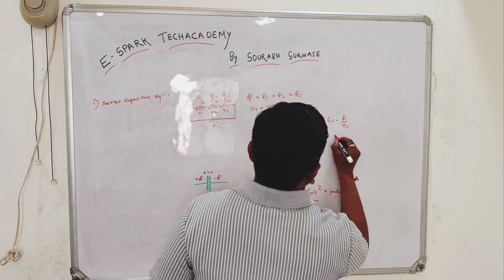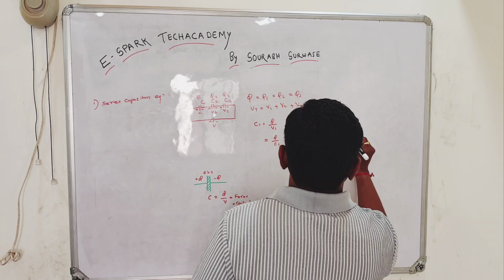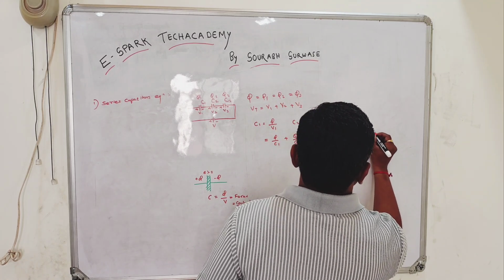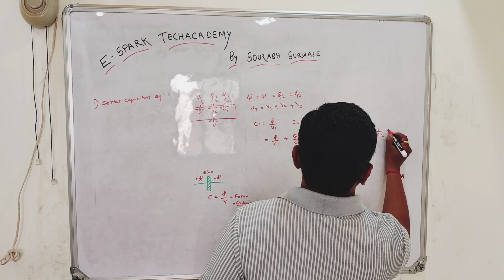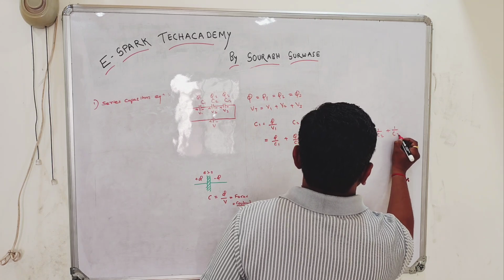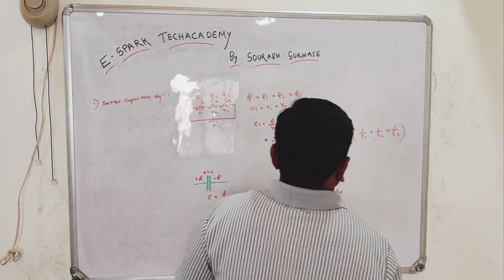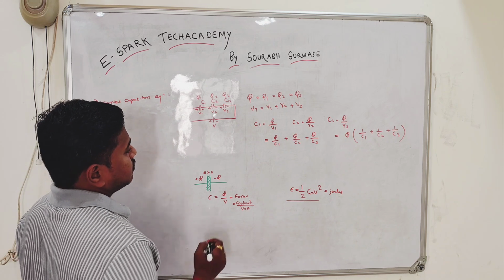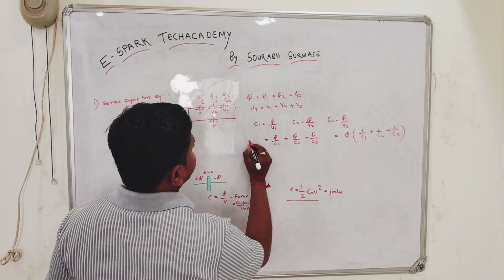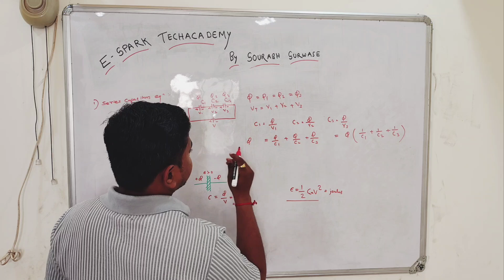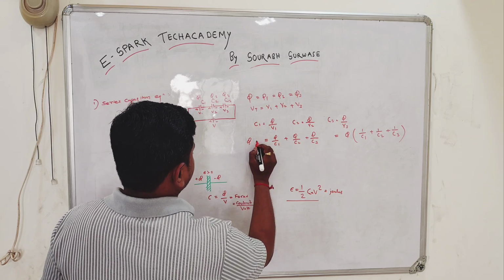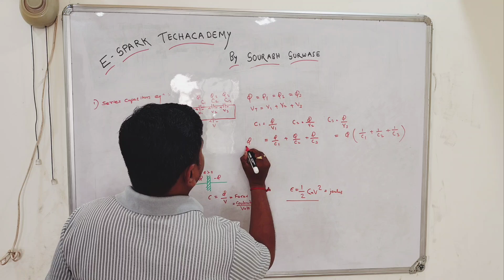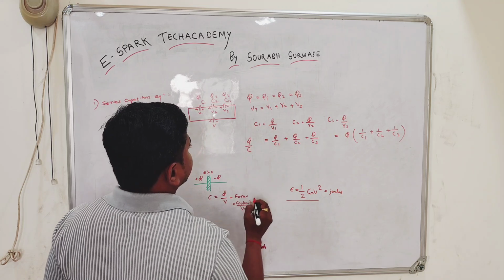In this, Q will be common, hence Q times 1 upon C1 plus 1 upon C2 plus 1 upon C3. It will be the voltage, and in this case, Q upon C.